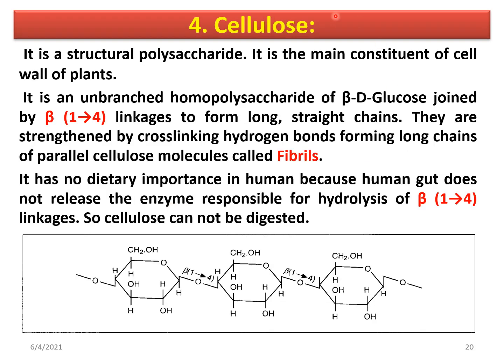The fourth homopolysaccharide is cellulose. This is a structural polysaccharide. It is the main constituent of the plant cell wall. Chemically, it is an unbranched homopolysaccharide consisting only of glucose residues but of the beta configuration, and they are linked by beta 1,4 linkage, forming long, straight chains.